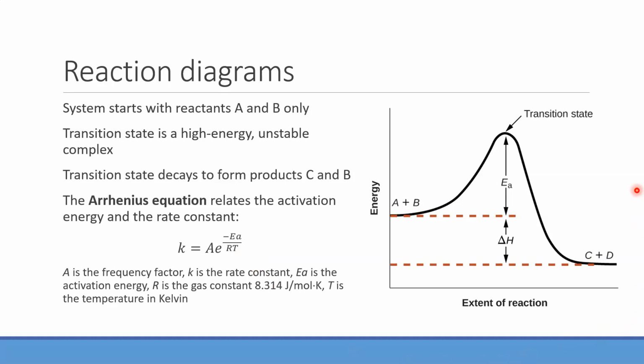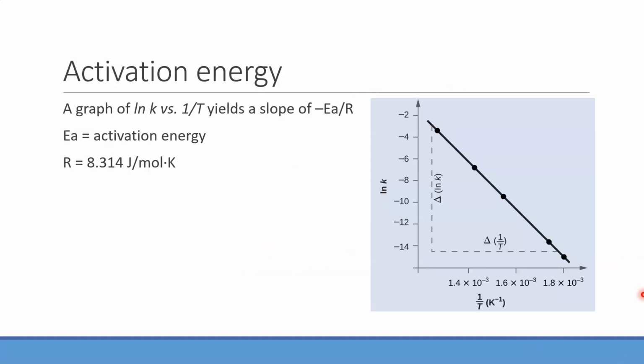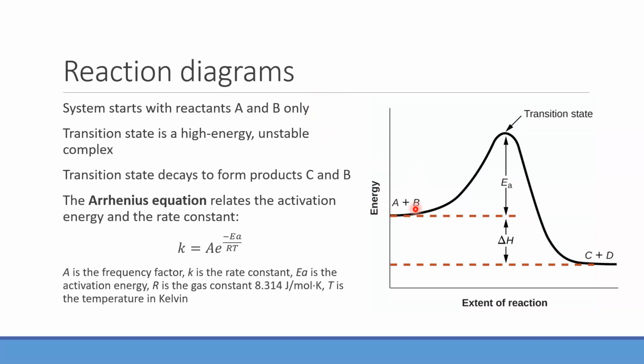This is a really interesting equation because it allows us to experimentally investigate some of these reactions. If you collect data and you graph the inverse of temperature on the x-axis and the natural log of K on the y-axis, then the slope will be your negative E sub A over R. E sub A is always a positive value because you go from your reactants up to the transition state.